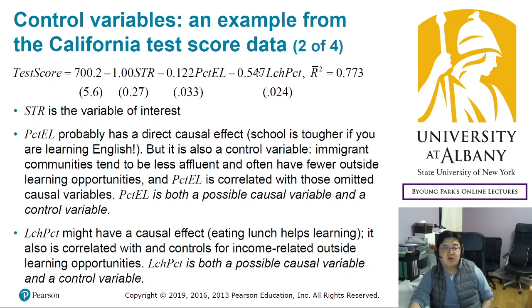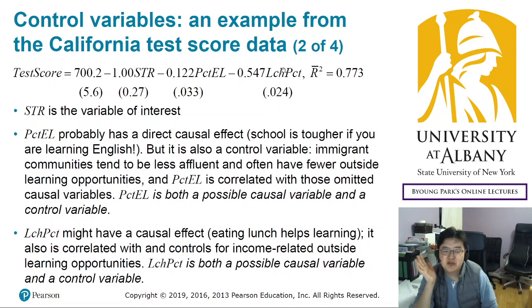So compare these two: a 1% increase in free lunch percentage affects the score by minus 0.5, nearly half of the student to teacher ratio effect. So instead of reducing student to teacher ratio by 1, you may reduce lunch percentage by 2 percentage points. They are nearly equivalent, or this is bigger. A 2 percentage point change in lunch percentage has a bigger effect than a 1 unit change in student to teacher ratio. So minus 1 and minus 0.5 something.